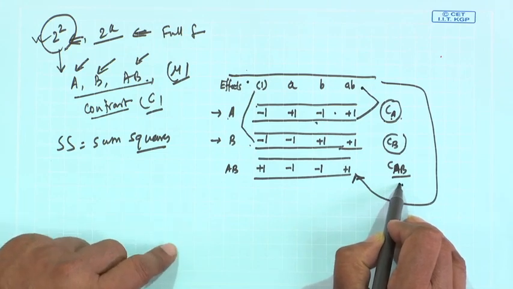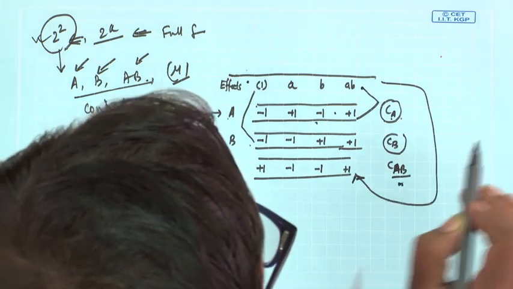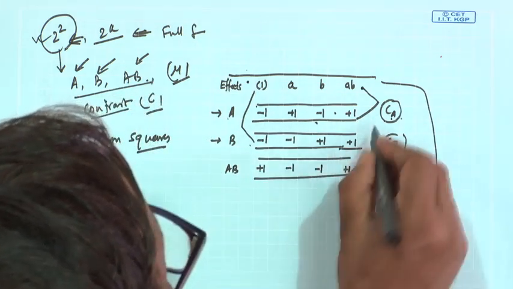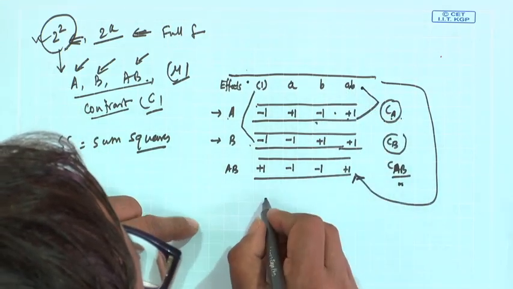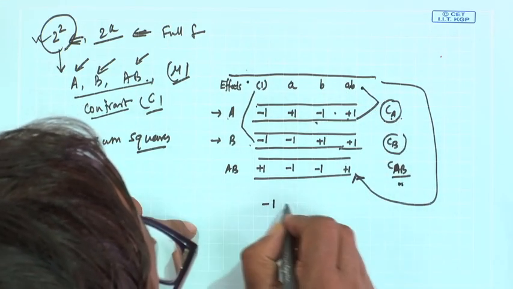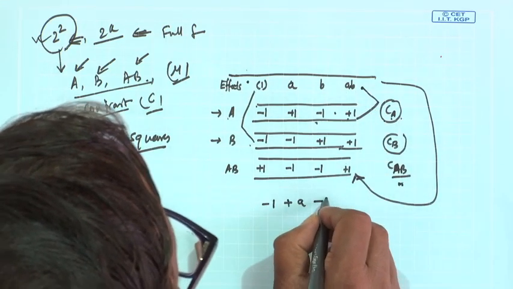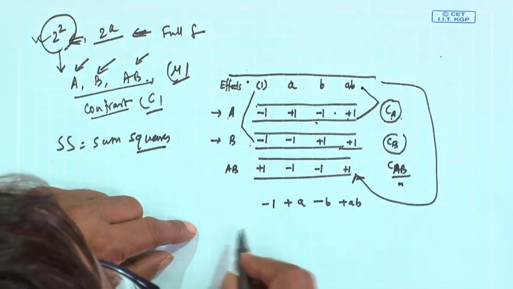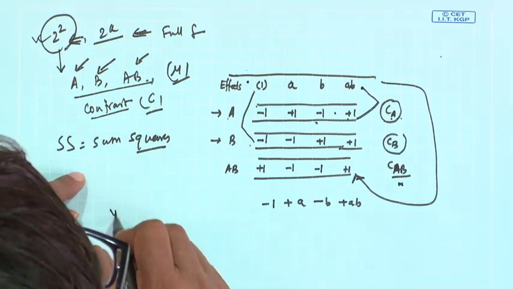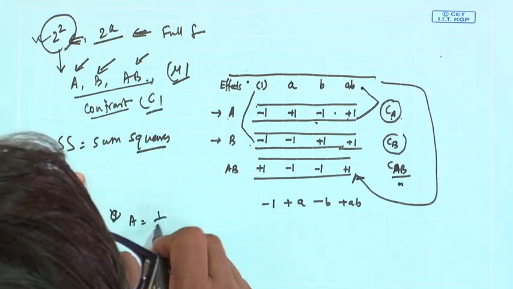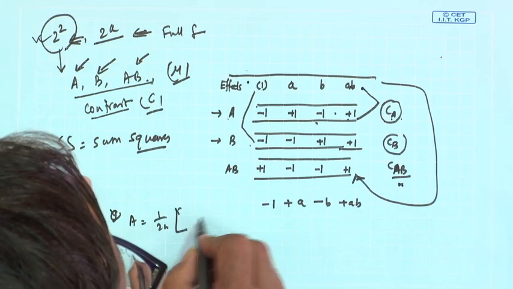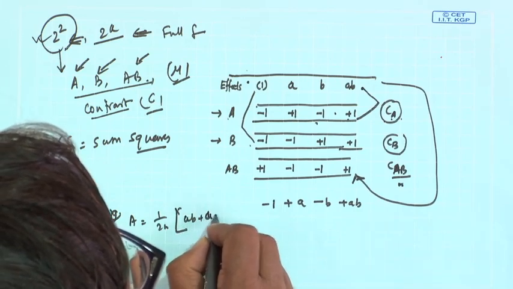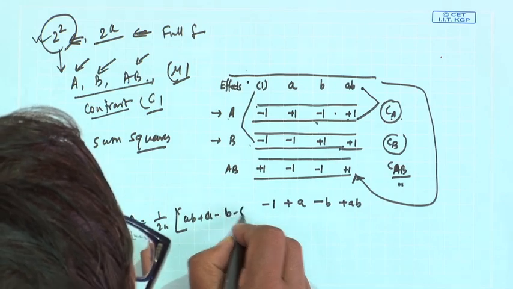Okay. So, essentially, what happened is that if I multiply this into this, it is nothing but minus 1 plus A minus B plus AB, the first one. And then the A effect is 1 by 2n times the sum of AB plus A minus B minus 1.